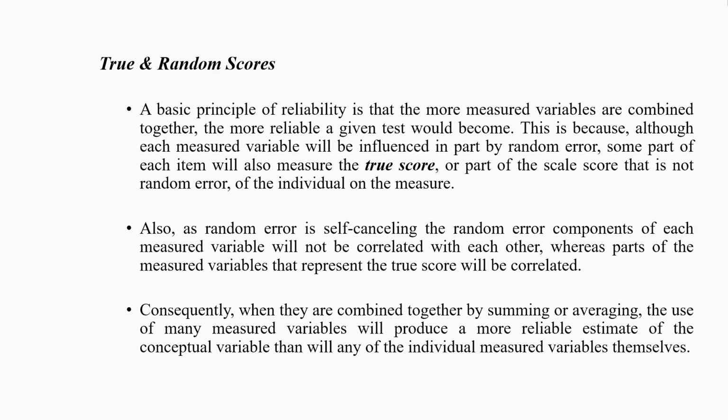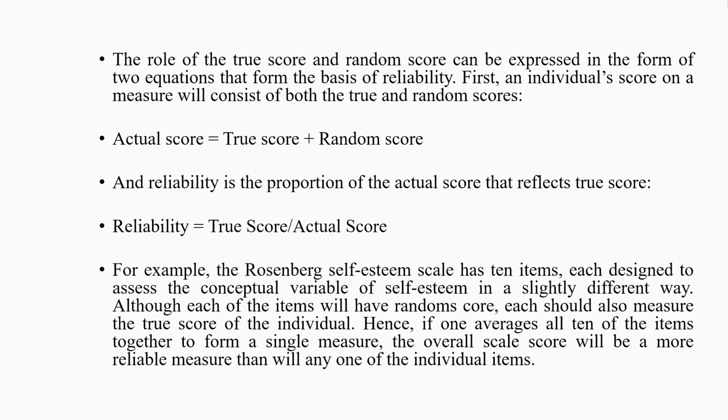So, let us talk about how this is done. Typically, the role of the true score and the random score, which is the error component, can be expressed in the form of two equations, and that forms the basis of reliability.